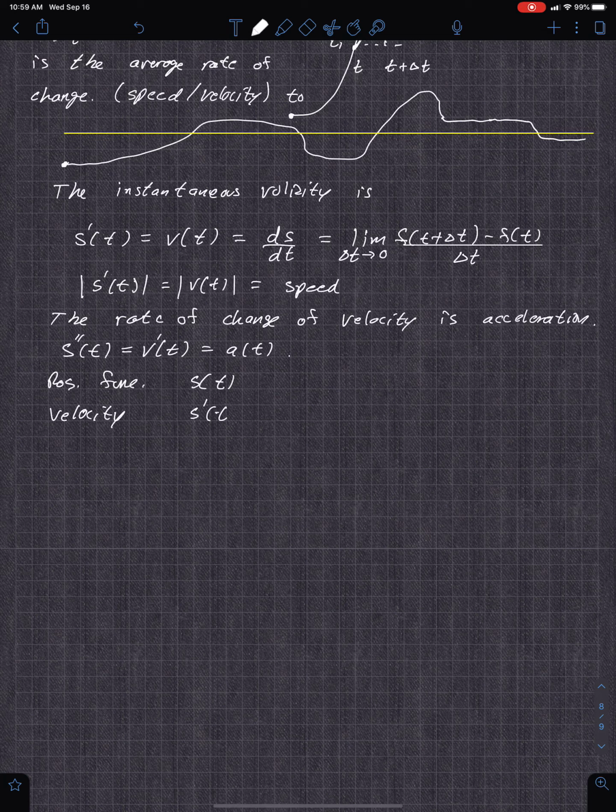Velocity is s prime of t, which we say is v of t. And then acceleration is s double prime of t, which is v prime of t, which is a of t.